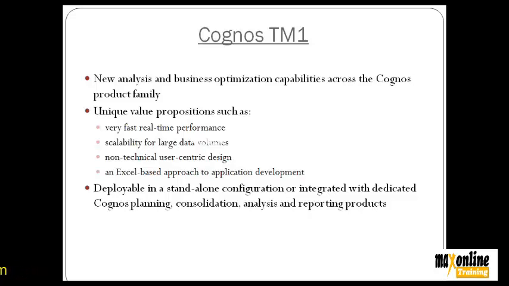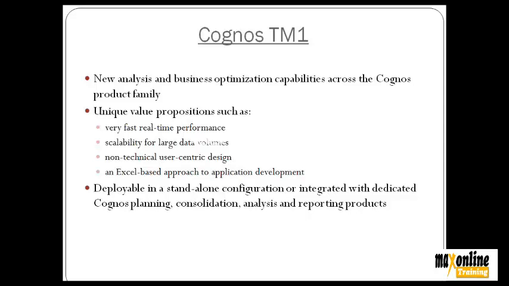So the non-technical user can also browse the data within the TM1 cube, because it has the Excel-based approach, so people find it very easy, especially the finance guy, because their bread and butter, day and night, they use only Excel. So it has Excel integrated within the application. You can use Excel as your end user tool to integrate with TM1.